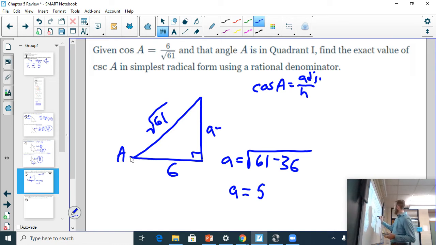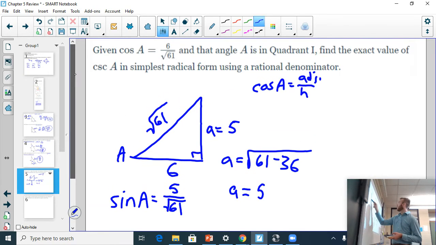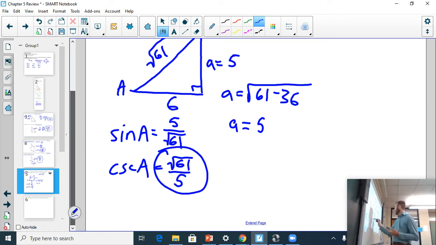So now we have a equals 5, and now we can find the sine of A. The sine of A equals opposite 5 all over the square root of 61, and I wouldn't bother rationalizing yet because we're looking for cosecant of A, and cosecant of A is just going to be those flipped, right? Because cosecant is the reciprocal of sine. So we actually have the square root of 61 over 5, and that'll be what you put into Delta Math.